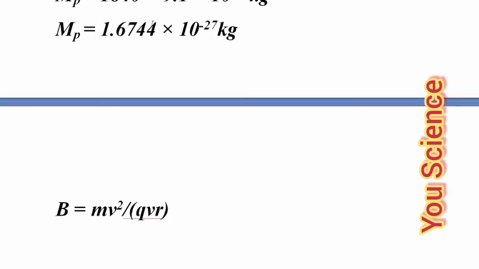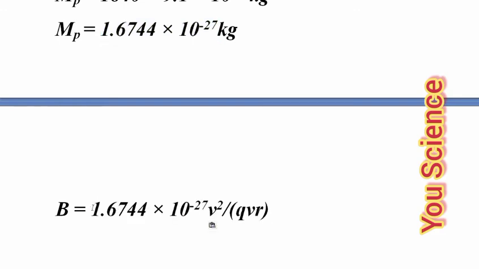So I'm slotting all of this inside this. The mass of the proton will be here, and we multiply that by the speed.